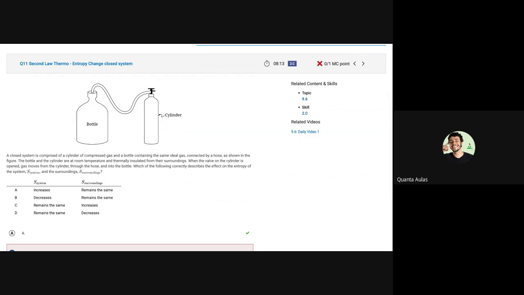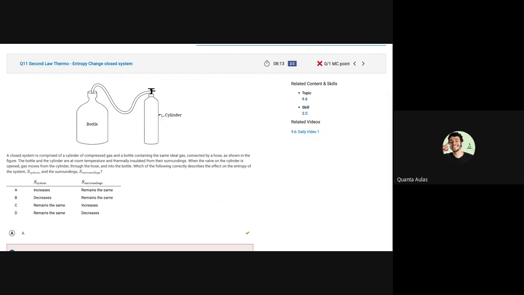If your system has more possibilities to stabilize, you have more entropy. So the first situation is right, because the gas expansion increased the entropy, but the thermodynamic isolation doesn't allow a change of entropy in the surroundings, right? So there is change in the system, but in the surroundings it is the same.